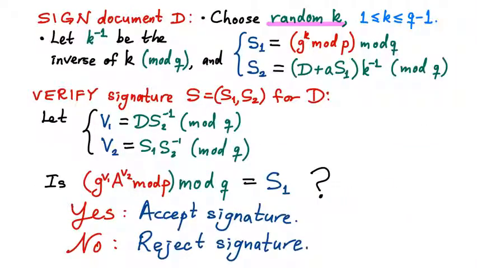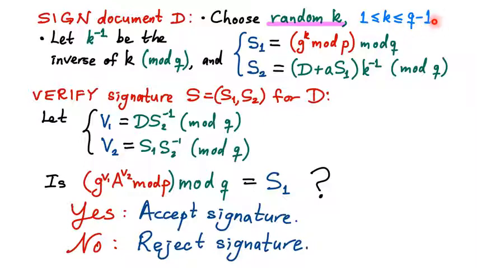Now, just as in ElGamal, there is a random ingredient to DSA signatures. So we need to choose a random exponent K, let's say in the range from 1 to Q minus 1.